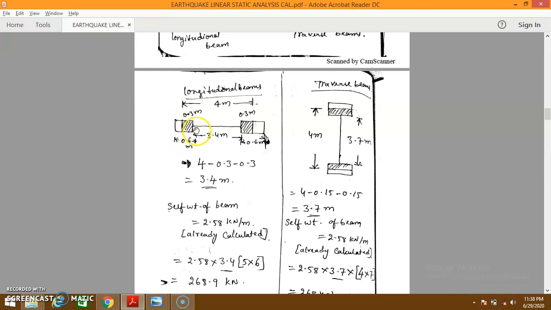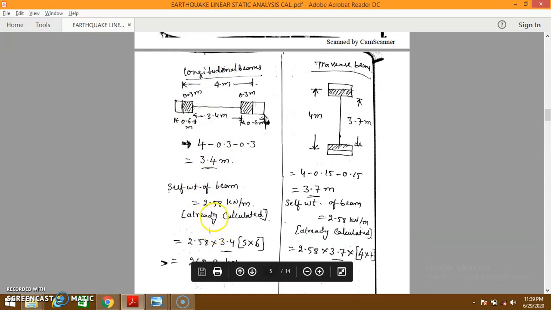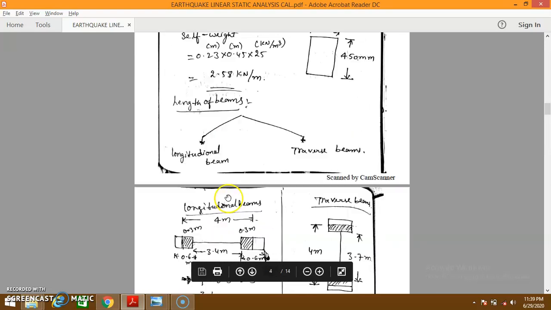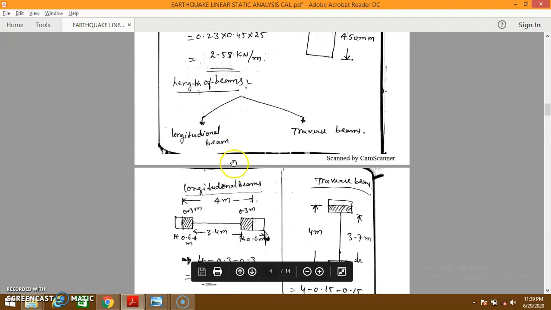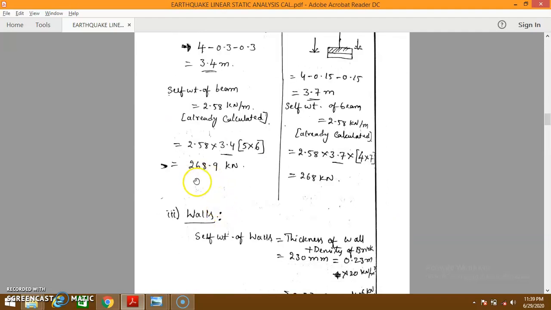We want this beam value, that means 4 minus 0.3 and 0.3, then we get 3.4 meters. This is only the beam length in the horizontal direction, 3.4 meters. Self weight we already calculated, 2.58 kilonewton per meter, and 2.58 into 3.4 is equal to 8.77 kilonewtons per beam.